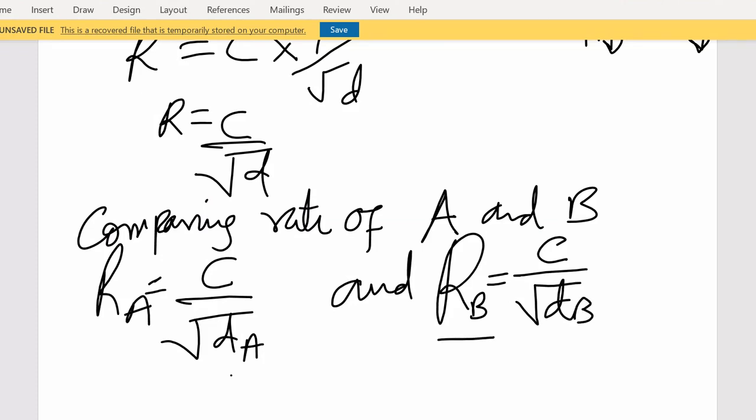Rate of diffusion of B, density of B. Rate of diffusion of A, density of A.